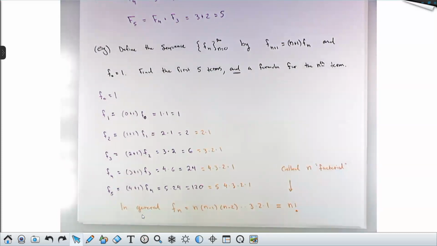The exclamation point means factorial. And factorials just say multiply all the positive integers less than or equal to the thing being factorialed. So like 10 factorial would be 10 times 9 times 8 times 7 times 6 times 5 times 4 times 3 times 2 times 1.